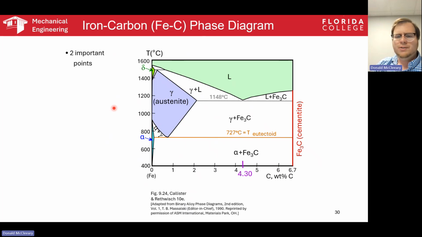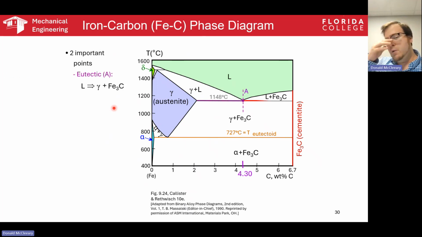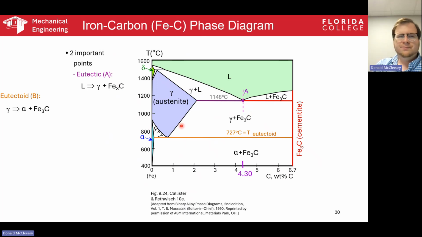So there are two important points to make. So we've got a eutectic point here at point A. And when we go from our liquid down, we get gamma, which is austenite, plus cementite below our eutectic point. We have a eutectoid here at the bottom of austenite, where we're going from one solid phase to two solid phases.